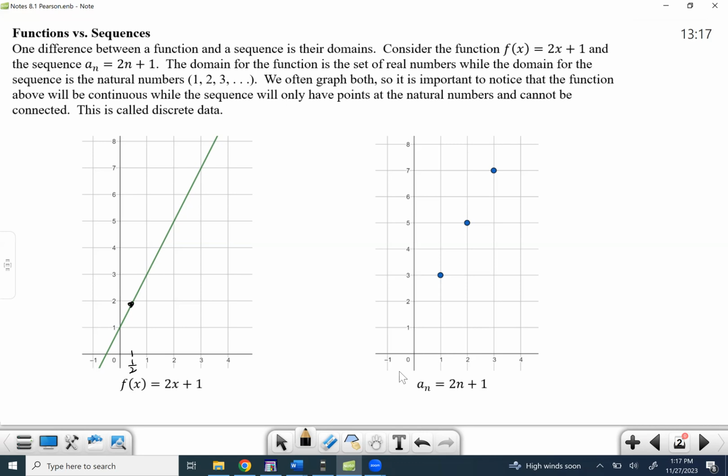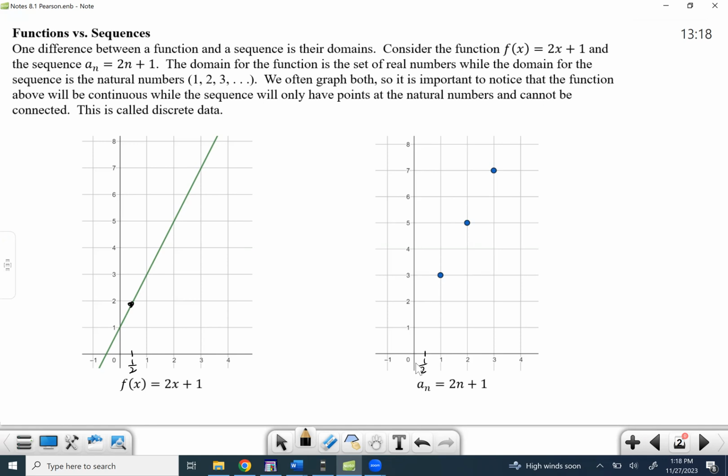But if you go over here to a sequence, the domain is not all real numbers. The domain is the natural numbers. So the very first number I'm allowed to substitute in is 1. Then the next number I'm allowed to substitute in is 2, etc. So for example, at a half, that wouldn't make any sense because what you're saying here is the first term is 3. The second term is 5. There's no such thing as a half term, right? You have a first term, a second term, a third term in the sequence.